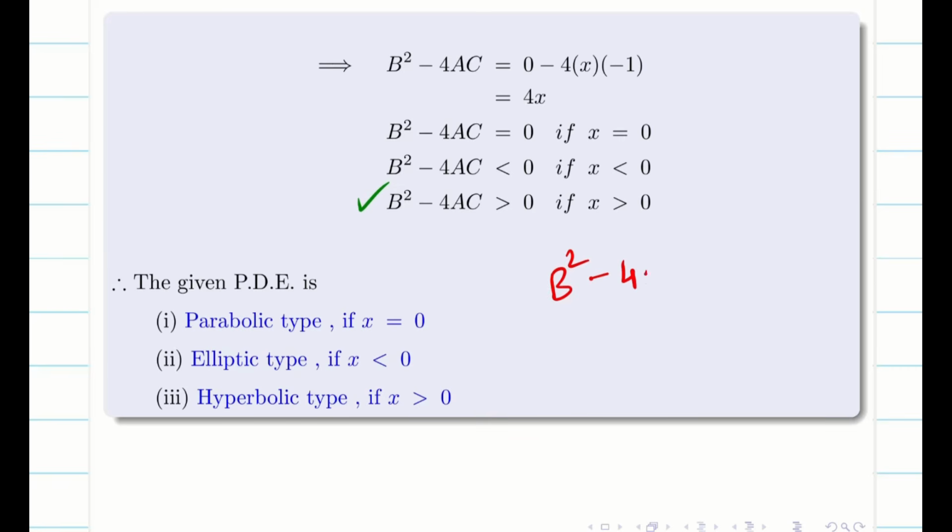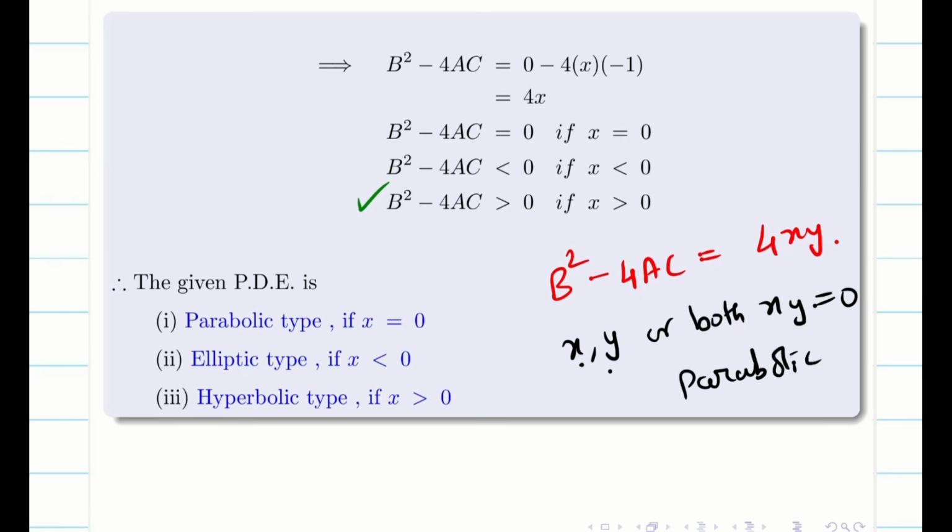Suppose in your exams, if you get a problem like 4xy, then you have to discuss both x and y. What you have to say: if x or y or both x and y are 0, then it is parabolic. If x greater than 0, y greater than 0, then it is hyperbolic.